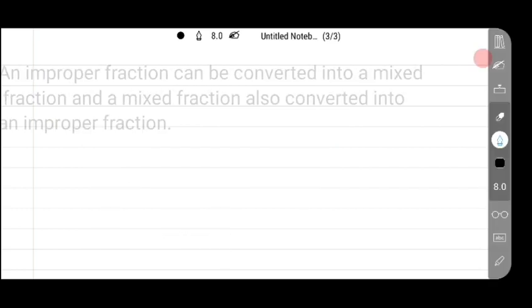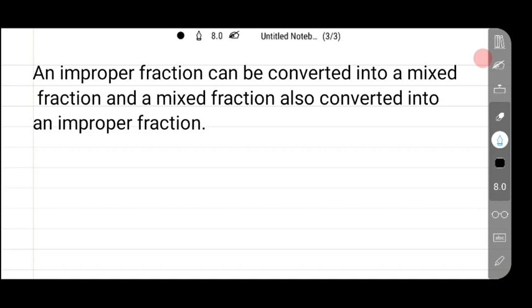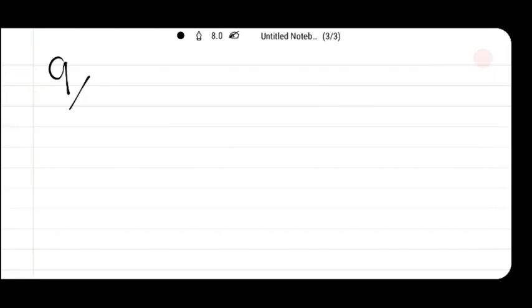An improper fraction can be converted into a mixed fraction, and a mixed fraction can also be converted into an improper fraction. Take an example.